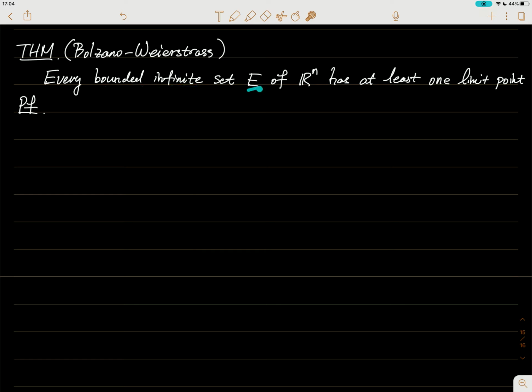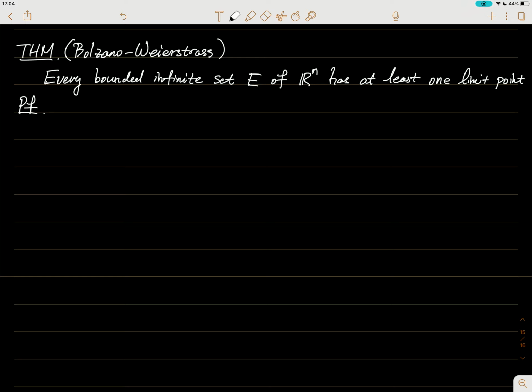And this E must have at least one limit point. That means you must be able to extract a sequence from E that converges to somewhere. Okay, the limit point doesn't have to be in E either, but you must be able to extract such a convergent sequence from E. So this is the extension of the Weierstrass theorem you learned in analysis.